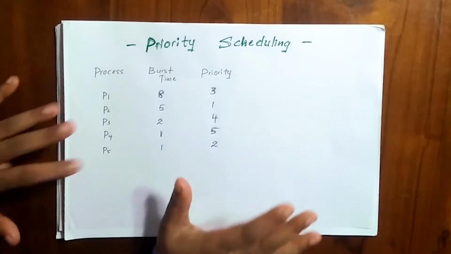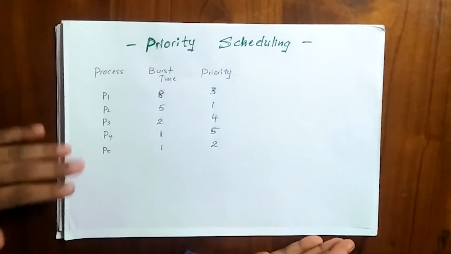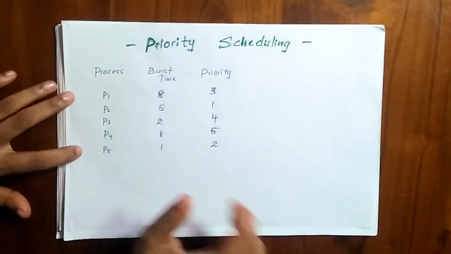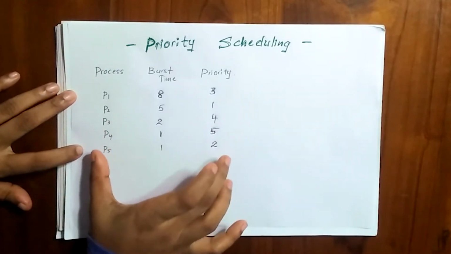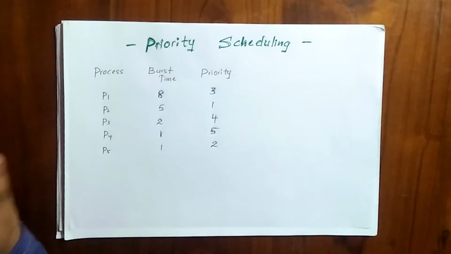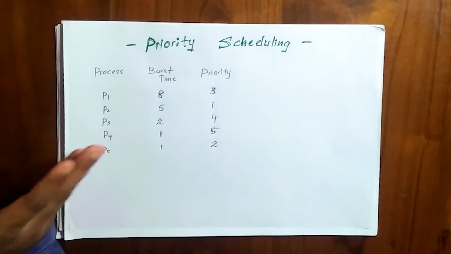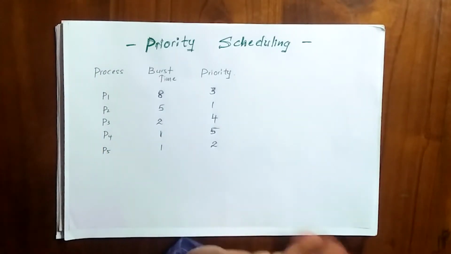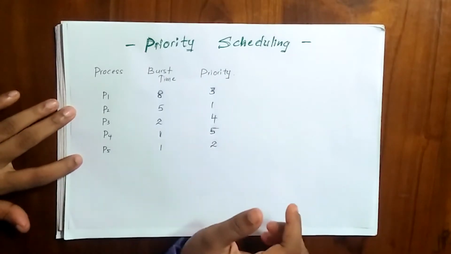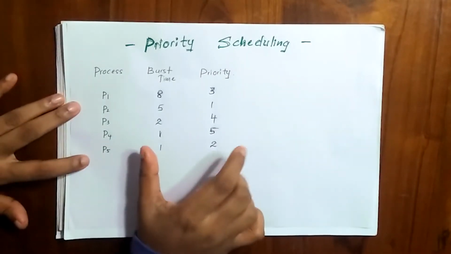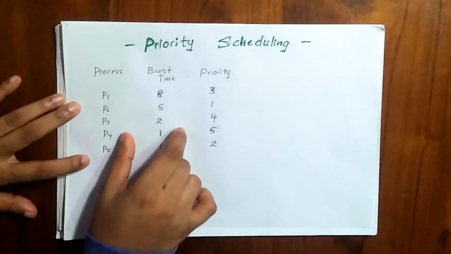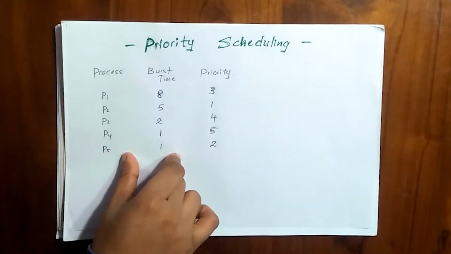Before moving to what priority scheduling is, you can see a big difference between the first table which we used in the FCFS and this table. We don't have a column named arrival time, right?